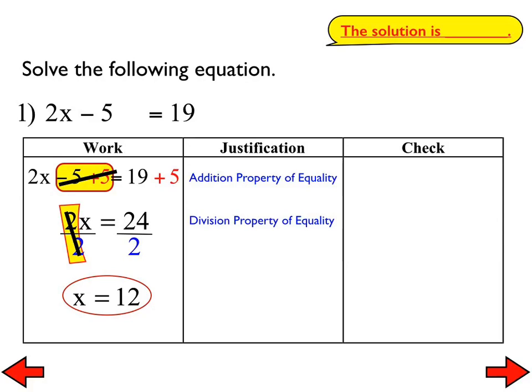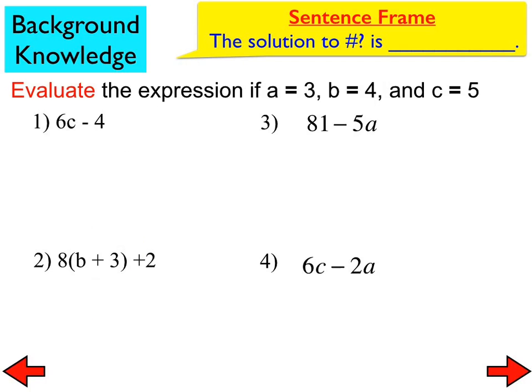Now the only thing we have left to do is to check our answer and make sure that it's right. So the first question is, how in the world are we going to do that? Well, I'm going to bring up something that we did in, I believe, the 3rd lesson this year. Everybody know what to do if I were to give you problems like this, yes or no? Yes. Those are easy, right?